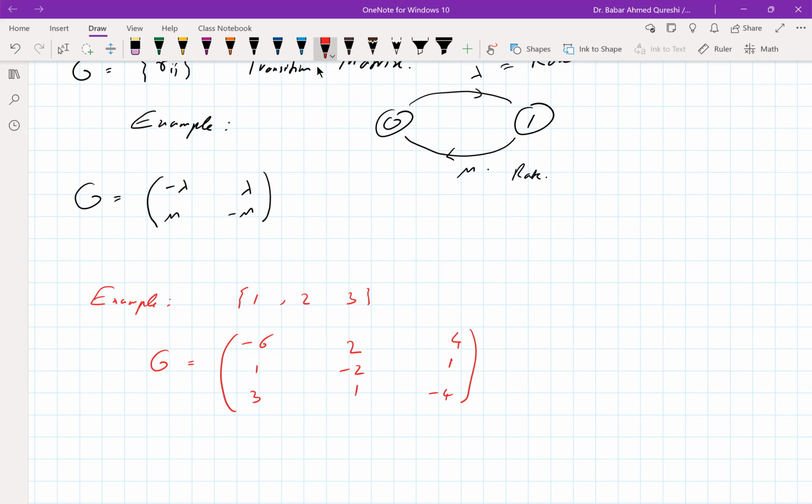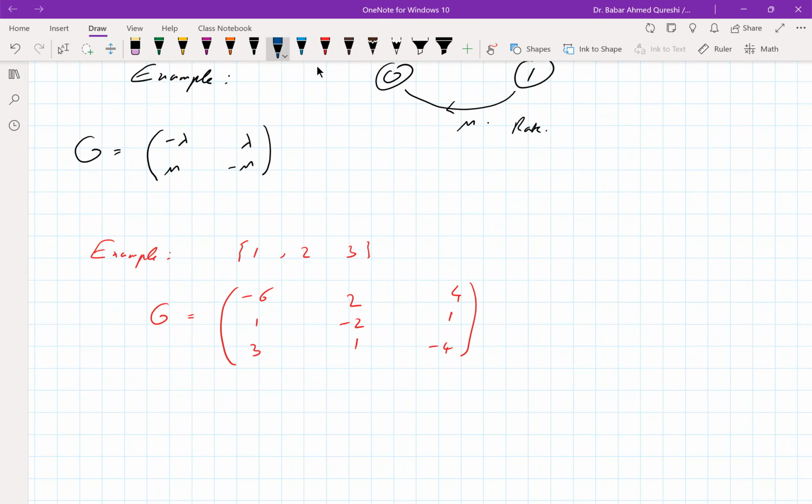So you can check that the way it's built, you have to sum each row to give you a 0. So 4 plus 2, 6. So that's why you put a -6 here. And on this diagonal, you put a -2. In this diagonal, you put a -4. So on the diagonals, you will have negative terms. And on the other entries, you will have positive terms because those are probabilities. And the diagonal is there to make the row 0.